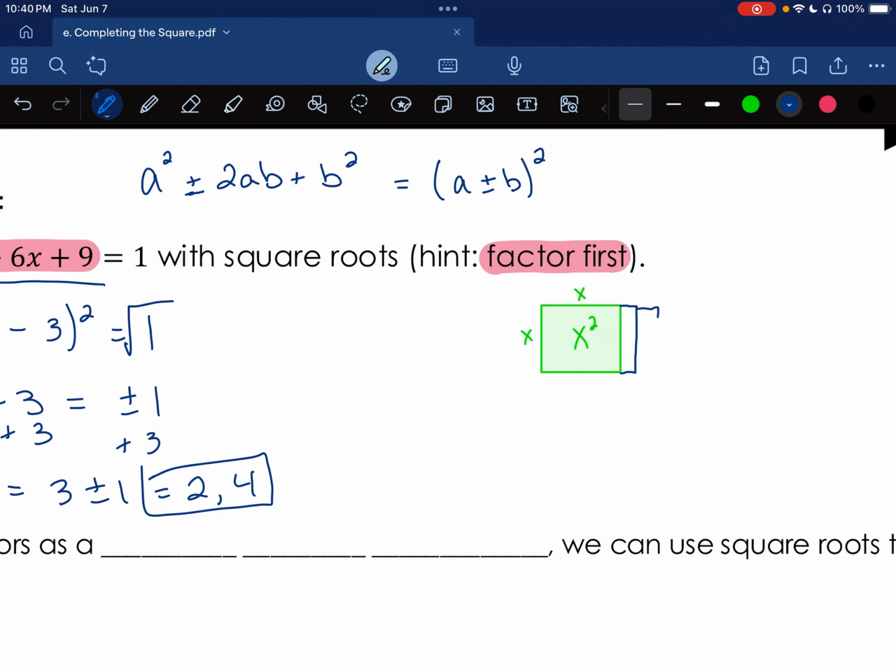So I'm going to divide them up so that I'll have 3 of them here, and I'll have 3 of them here. These guys, their area is x, and so their side length here is 1, and so if there's 3 of them, this is going to be plus 3, and this will be plus 3.